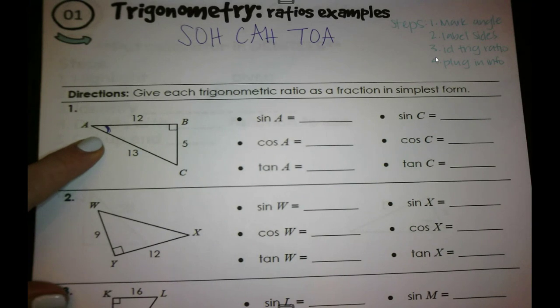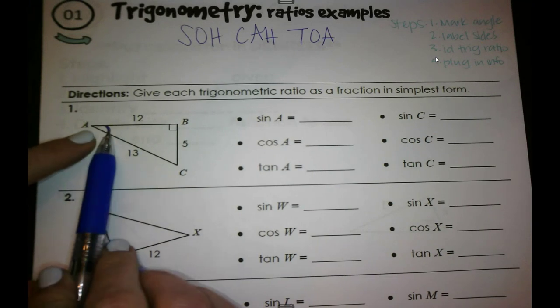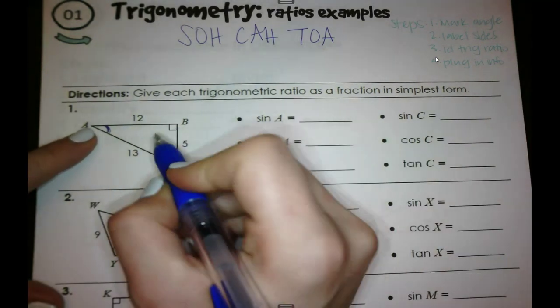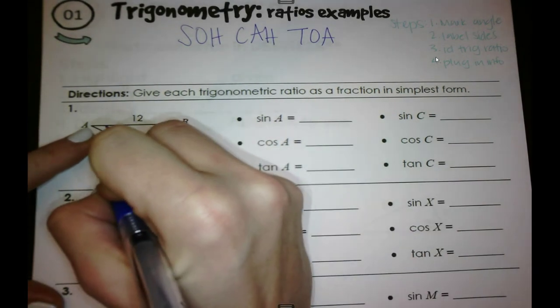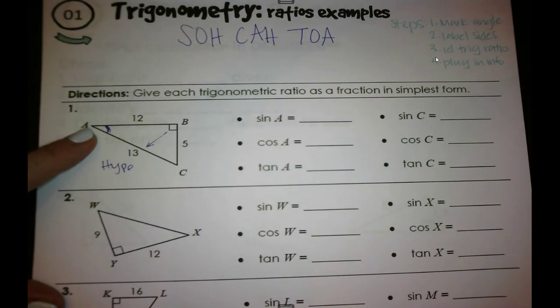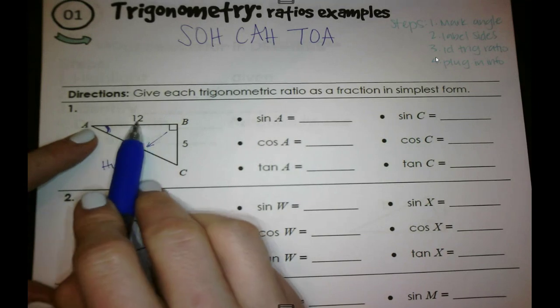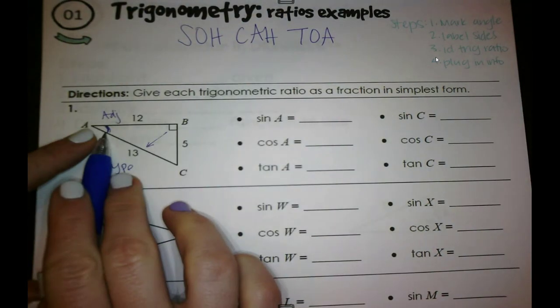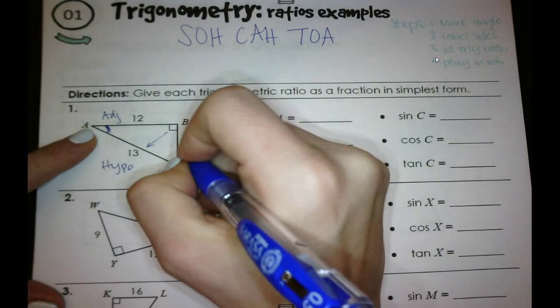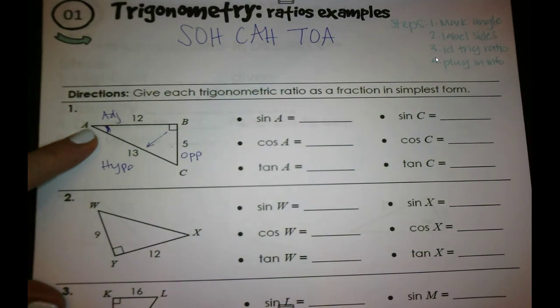All right, let's label our sides in relation to angle A. So remember, across from the 90, this is our hypotenuse. The side that's next to the angle is adjacent. That means that the side across from it is opposite.